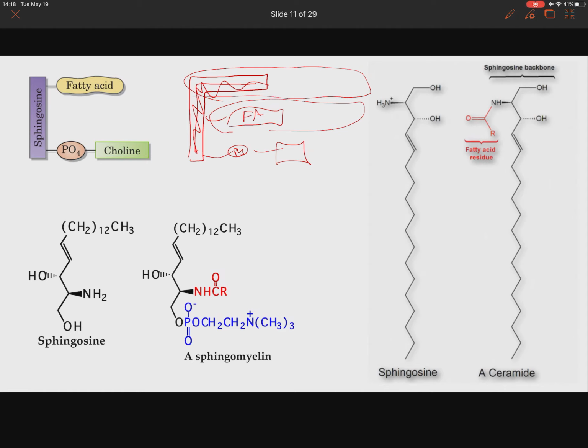So here's sphingosine. Sphingosine is structurally different than the glycerol. It's similar to the phospholipid in the fact that it has 2 acyl chains, 2 big long hydrocarbon chains, and it's got a polar head group. Okay, sphingosine is the backbone though; it's not glycerol.